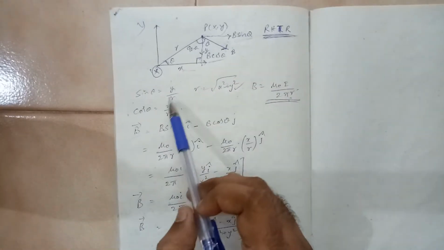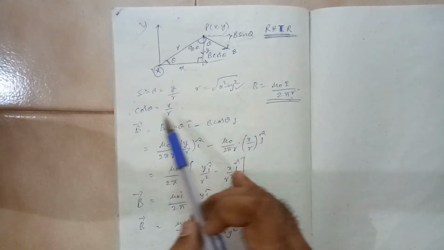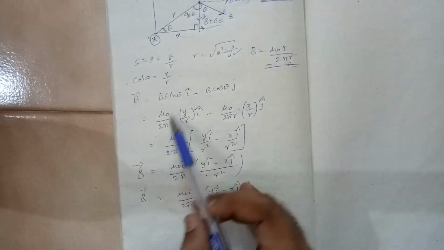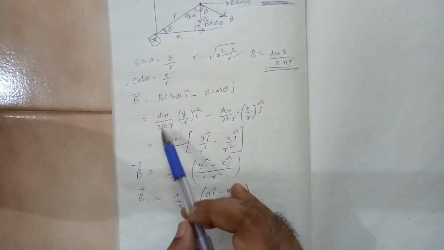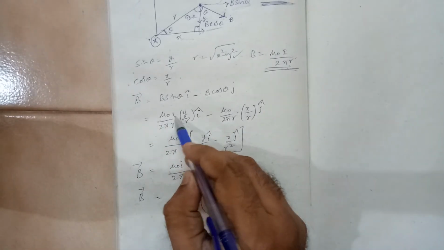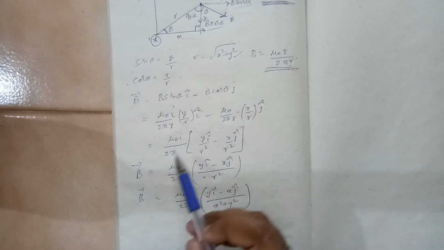So sin theta is opposite by hypotenuse, y by r, and cos theta is adjacent by hypotenuse, x by r. So just put the values. B value is mu naught I by 2 pi r. Now see, this I is current and this is the unit vector, please don't confuse them.